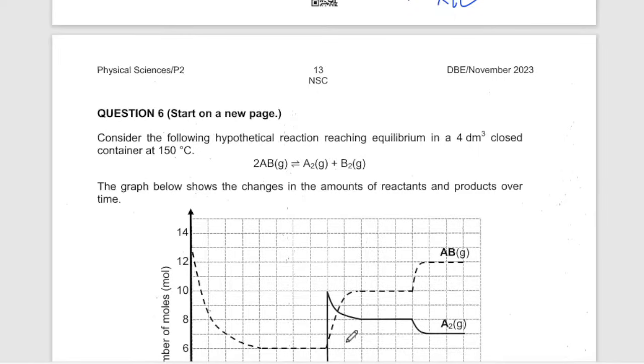So basically, when you increase the temperature, you're increasing the kinetic energy of the system, and this will lead to more effective collisions per unit time, and this increases the rate of reaction. So basically, that's what you're supposed to talk about or to link.